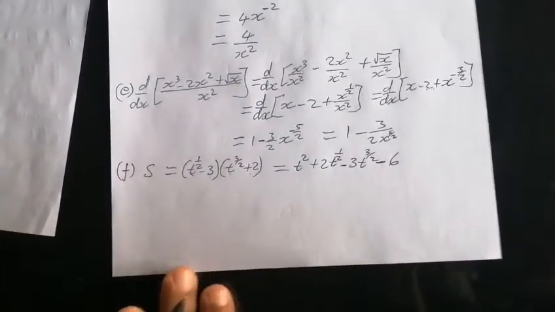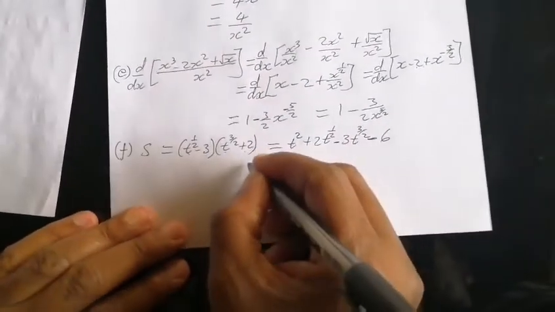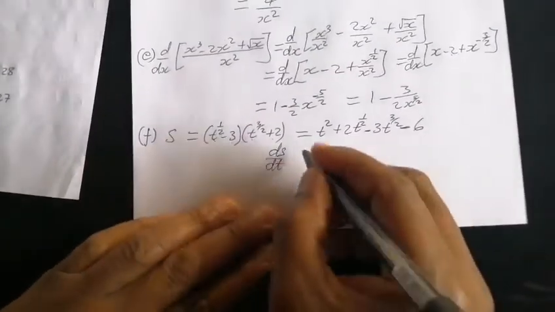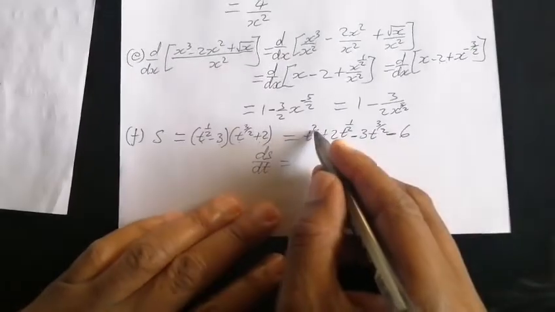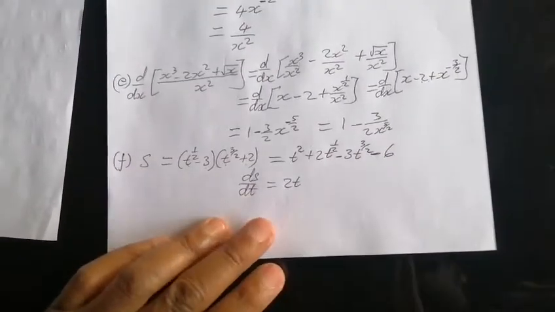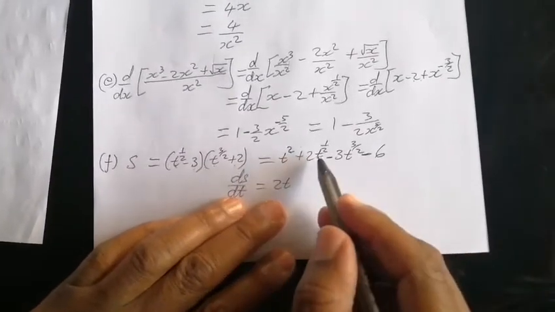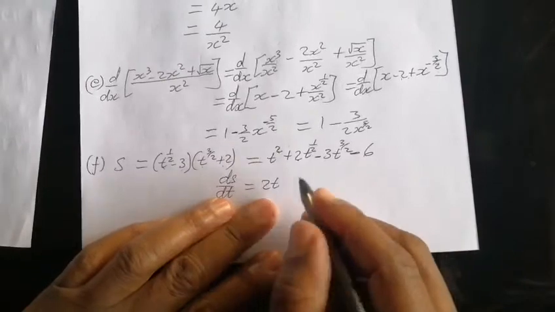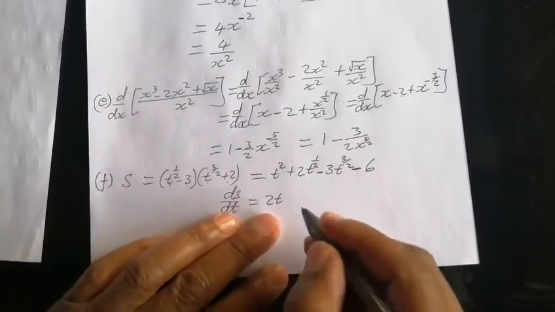There are no like terms, so we do our differentiation. So ds/dt, please notice it's not dx. This is equal to, the 2 comes down, then t to the power 2 minus 1, we get a t. Here, our half comes down to multiply the 2. Then we're getting 1. Are you noticing that?